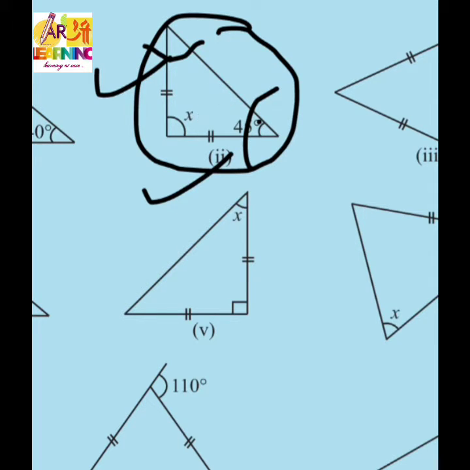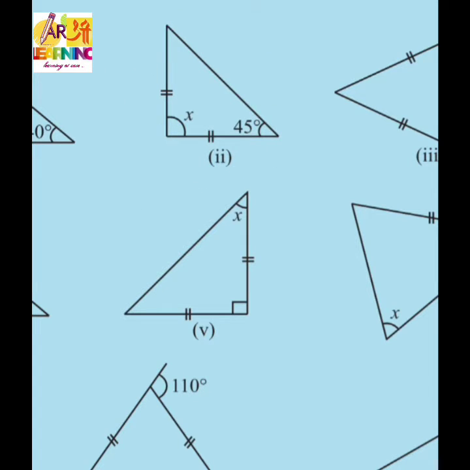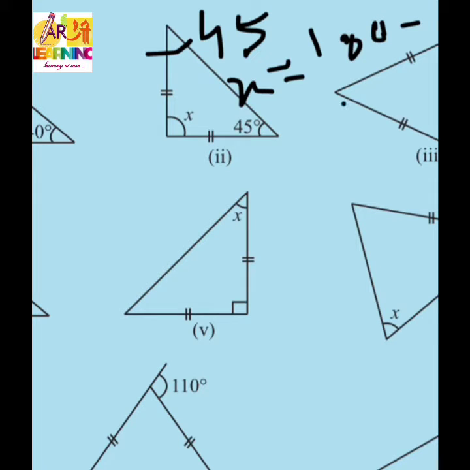Okay, that means two sides are given equal, therefore this angle is 45, so this angle also becomes 45. Now since this is 45, x plus 45 plus 45 becomes 180, therefore x is equal to 180 minus 90, because 45 and 45 will be 90.